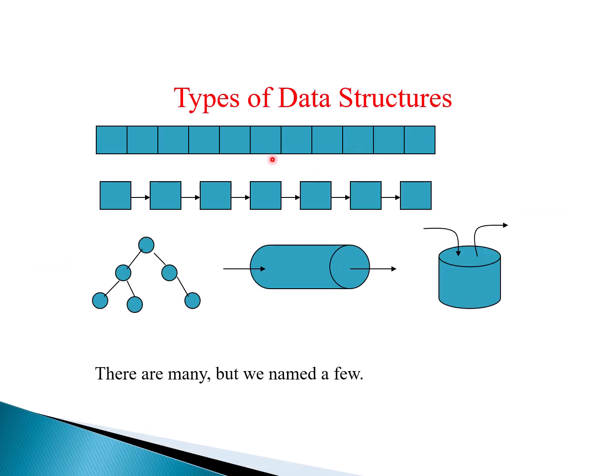Now you can see this is the array kind of data, this is a linked list, next a tree, now a queue, and this is a stack. There are many, but they have mentioned only a few important data structures here with diagrammatic representation. Now let's go one by one after this.